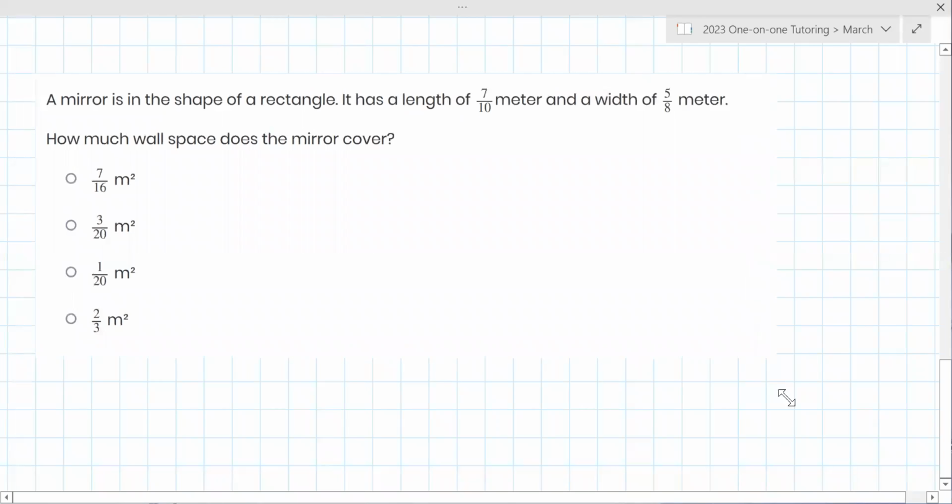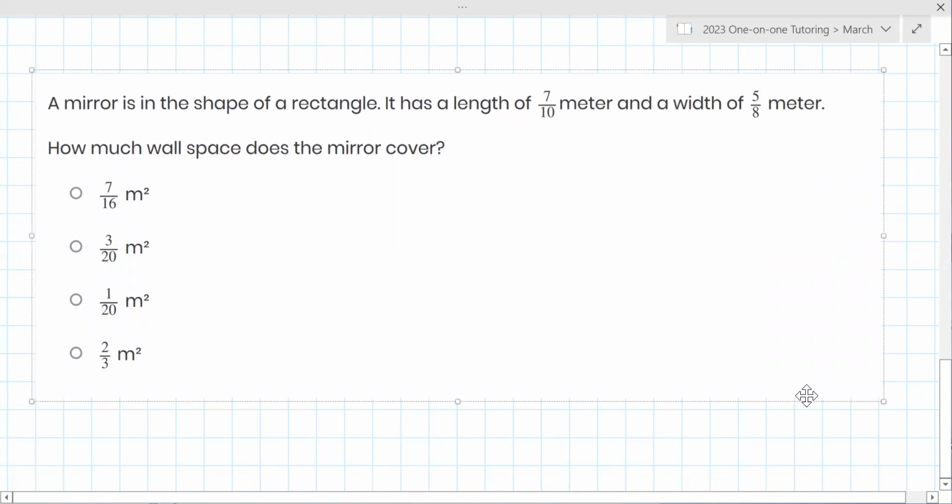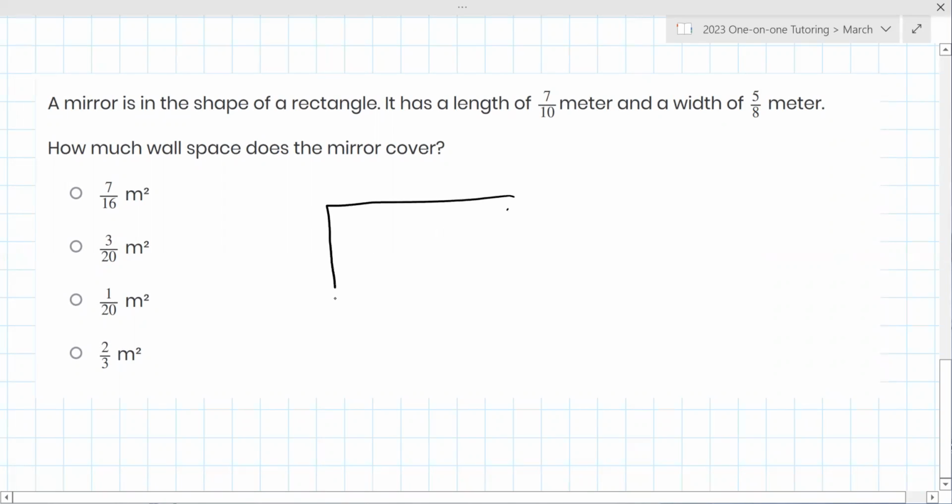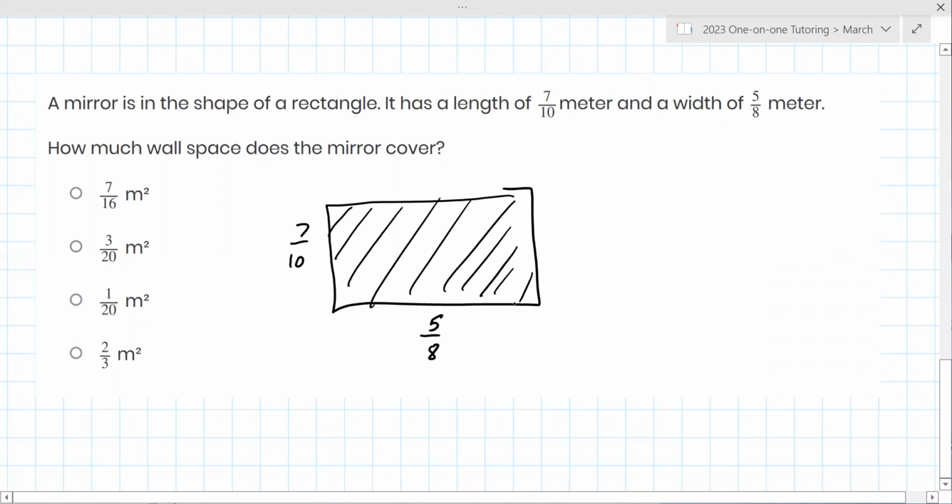It says a mirror is in the shape of a rectangle, and it has a length of 7/10 meters and a width of 5/8 meters. So we want to find the area of the mirror again. Just like in the previous problem, you're going to take the base times the height. So 5/8 times 7/10. Can you multiply those together for us, please?